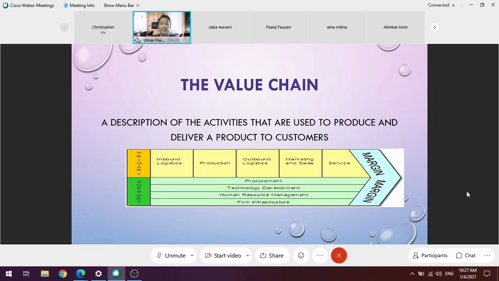So here, the companies need to define which activities could be considered as the primary. For example, if you look here, we classify the primary activities as inbound logistics, production, outbound logistics, marketing and sales, and services. Meanwhile, for the support activities, we can see procurement, technology development, human resource management, and firm infrastructure.